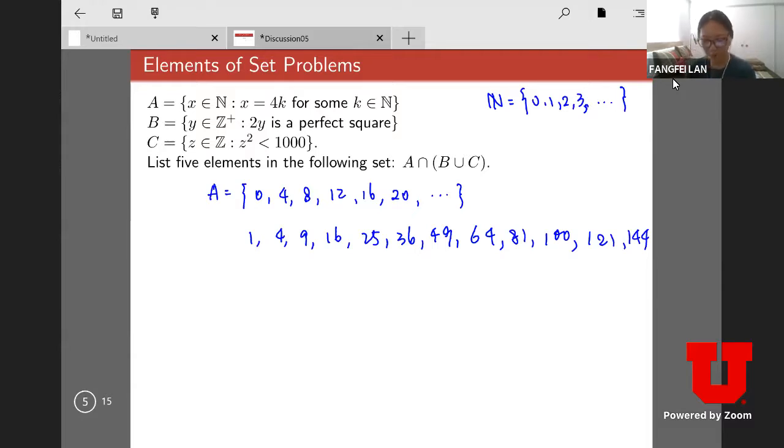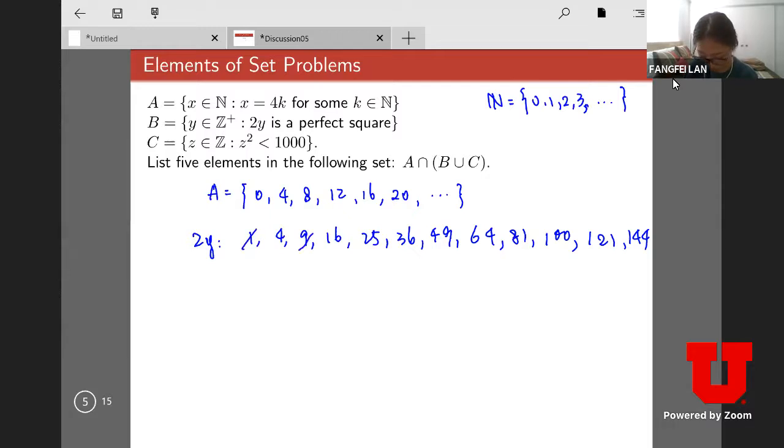The reason I'm asking you to keep going is that some of them don't apply to set B, because 2y is a perfect square. So all of these are 2y, and y has to be an integer. That means 2y needs to be even. So in this list, the odd ones don't apply.